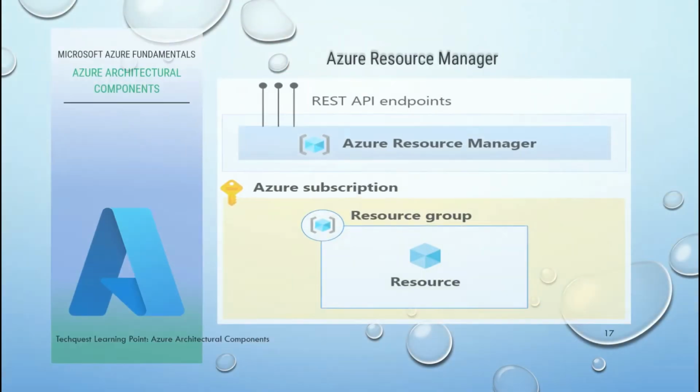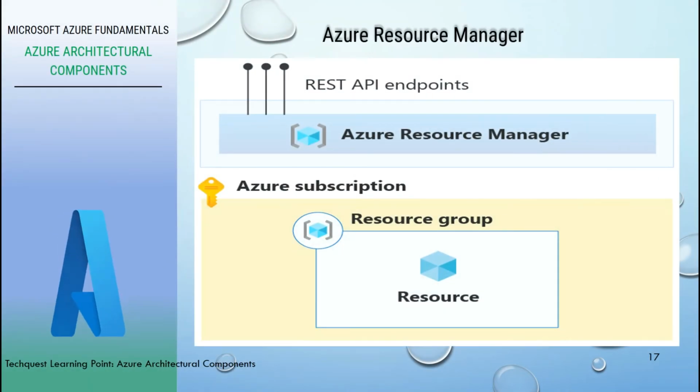In Azure, we have learned that Azure includes a front end with services that orchestrate Azure's function. One of these services is Azure Resource Manager. This service hosts the RESTful API clients used to manage resources.